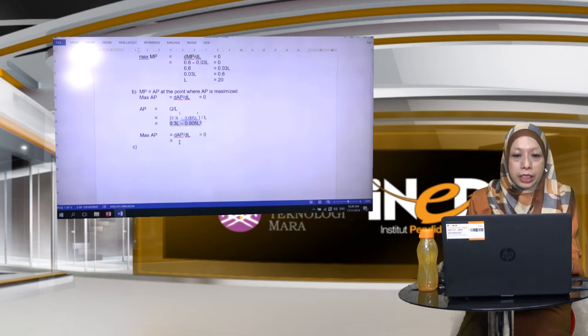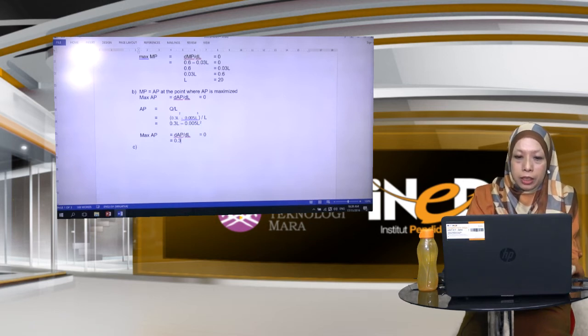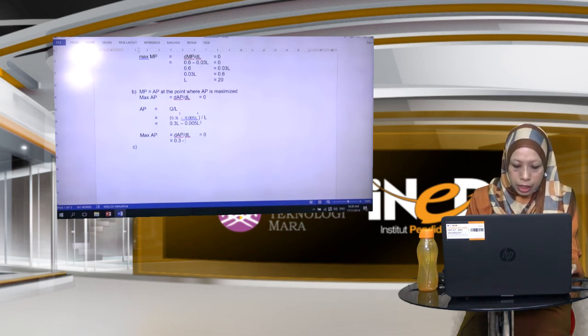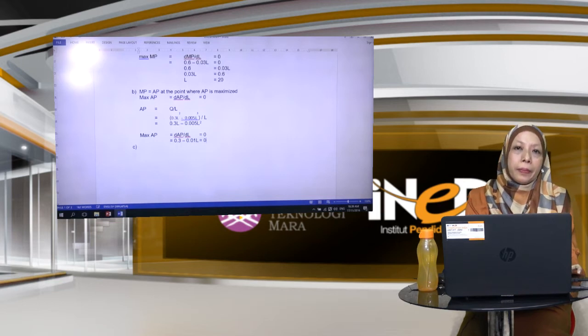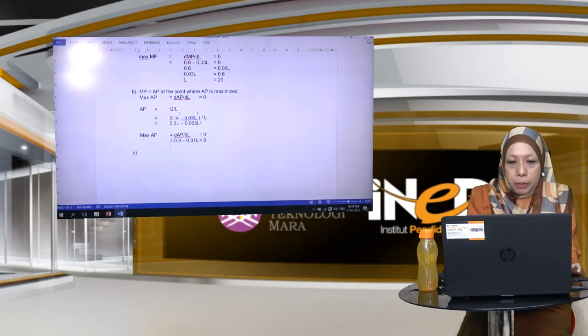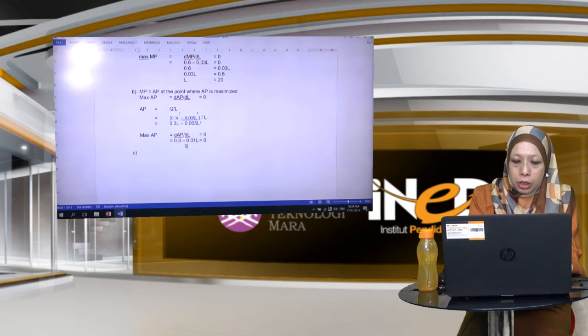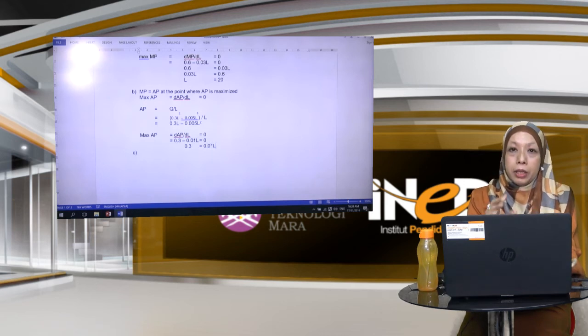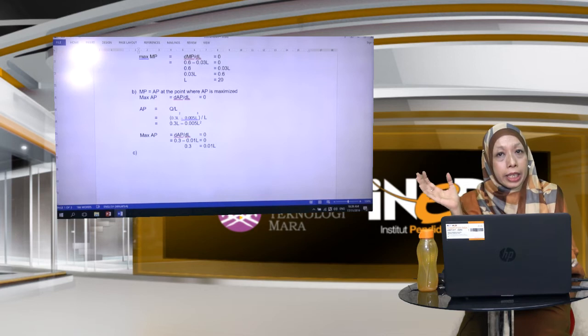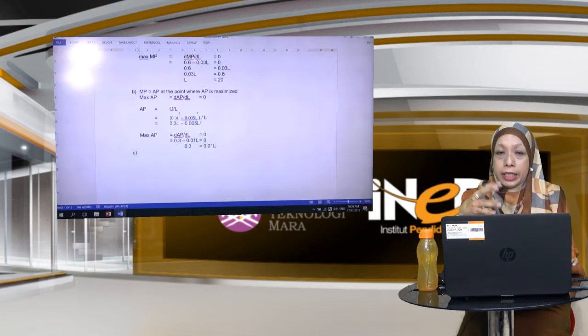So let's differentiate it, and you're going to get 0.3 minus, if 0.005 L squared you differentiate it, that will leave you with 0.01 L, and you set it equal to 0. If you simplify this further, you're going to get 0.3 equals 0.01 L, because when you bring negative 0.01 L to the right hand side, you have to cancel off the negative sign.